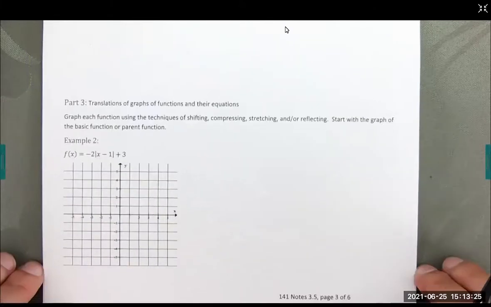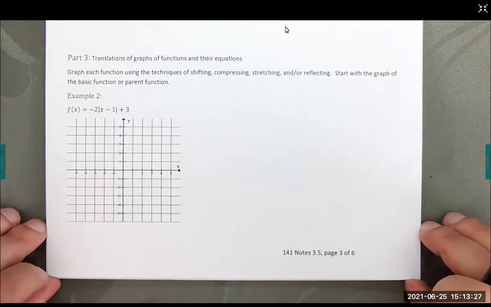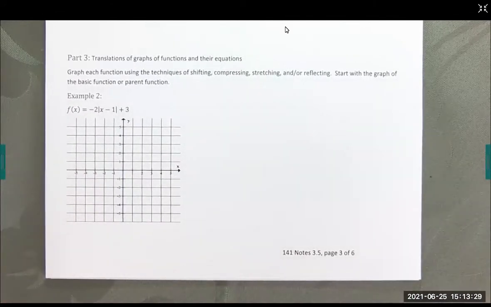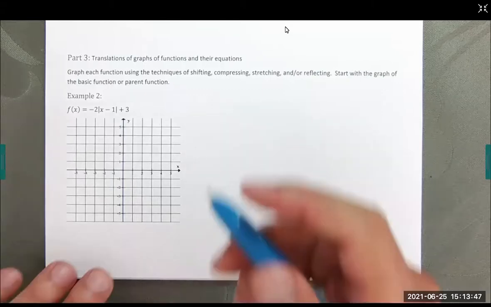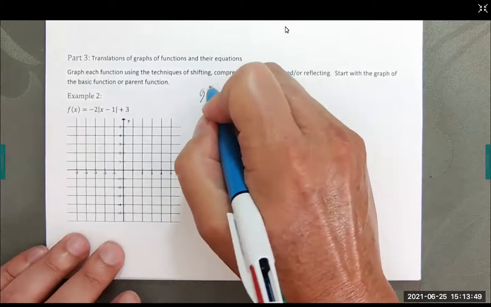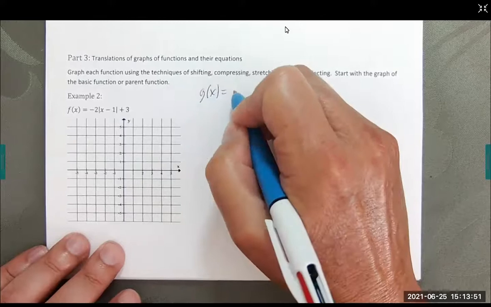Part 3. Translations of graphs and functions and their equations. Graph each function using the technique of shifting and so on. Start the graph with the basic function or the parent function and move from there. So I'm going to use a smaller pen just to be clear. So here's our graph, and the parent function, I'll call it g of x, is absolute value of x.